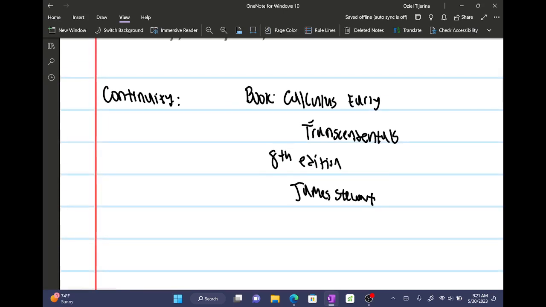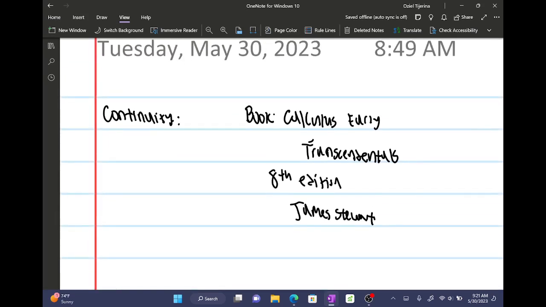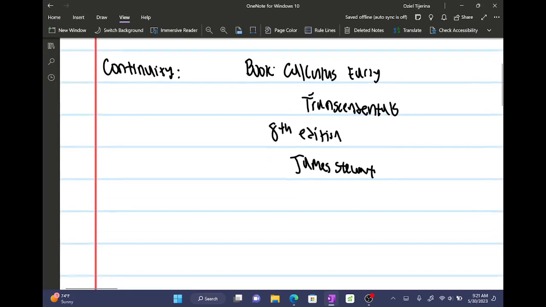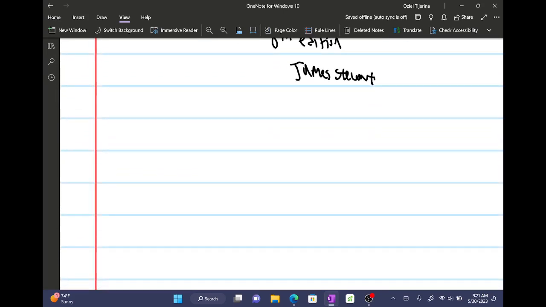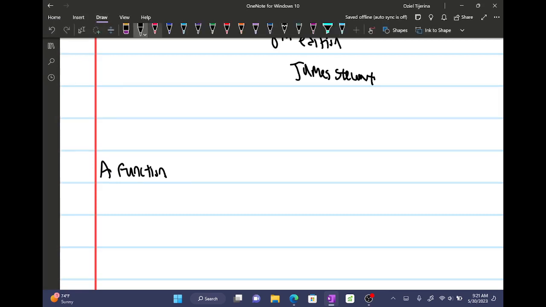So the way that I'm going to define this topic, continuity, I'm going to use the actual definition that I have here. So a function, let's call it f, is continuous.